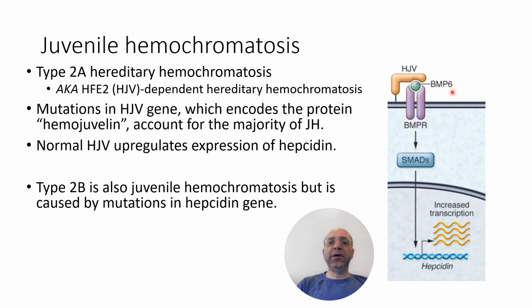ف what happens إنه الريسبتور هذا is dependent على functional hemoglobin. لما الهيموجلوبين يكون defective، السيجنال ما راح تدخل إلى داخل السيلز عن طريق الريسبتور، وبالتالي هذا الريسبتور بيؤدي بالنهاية إلى الأوفر برودكشن، أو خلينا نحكي production of hepcidin and release of hepcidin to reduce iron absorption, iron release into cells and so on. طيب، فهاي السيجنال مش شغالة. ممكن إنه السيجنال يكون شغالة لكن الهبسيدين that is produced is defective itself, and this results in type 2B hemochromatosis, juvenile hemochromatosis.